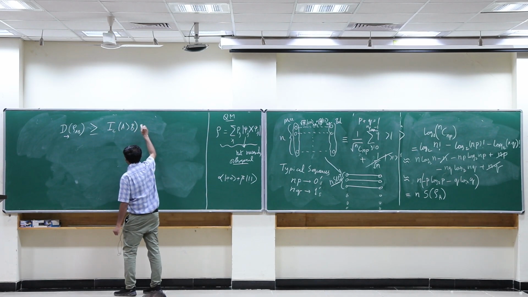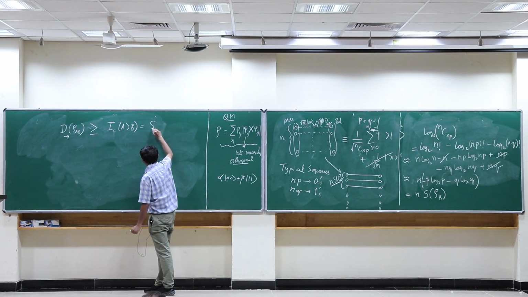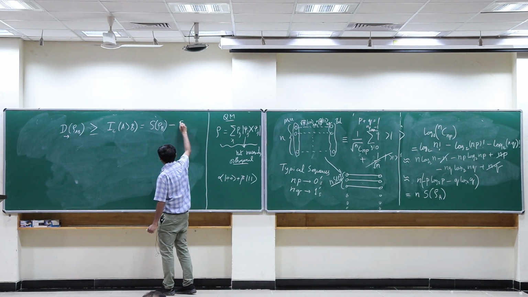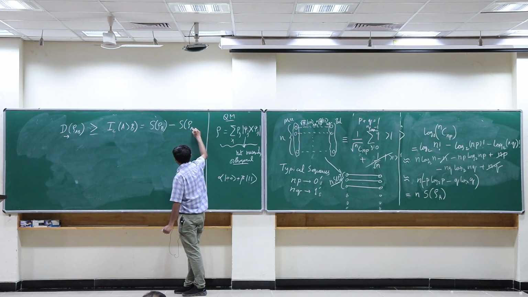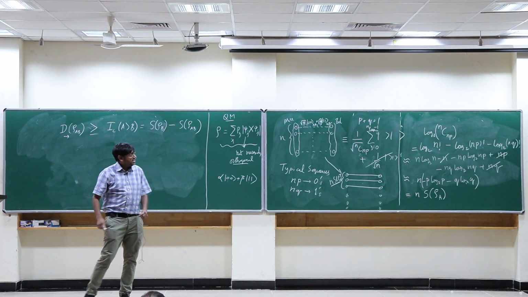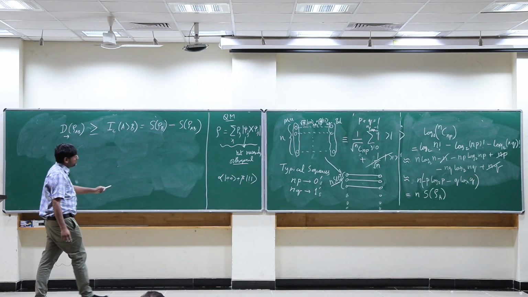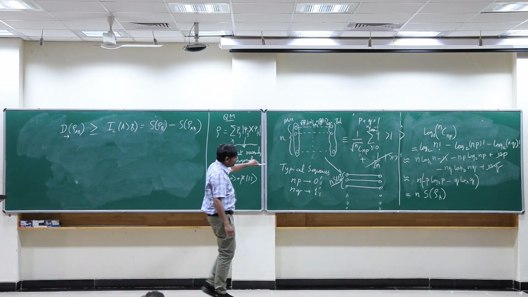And what is coherent information? That is equal to S(rho B) minus S(rho AB). So you see it perfectly matches in the case of pure states to the von Neumann entropy.